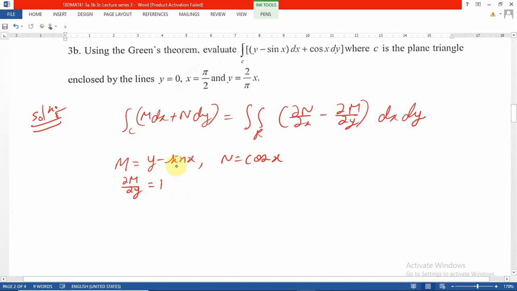Sin x is a constant, because we are differentiating only with respect to y partially, therefore minus 0 I get, which is equal to 1. Okay, then differentiate n with respect to x, I will get this as minus sin x. So only x is our variable. For this partial differentiation, you will get the video link in the playlist of partial differentiation. Is it clear, students? Okay, now after simplifying this, substitute in the formula.